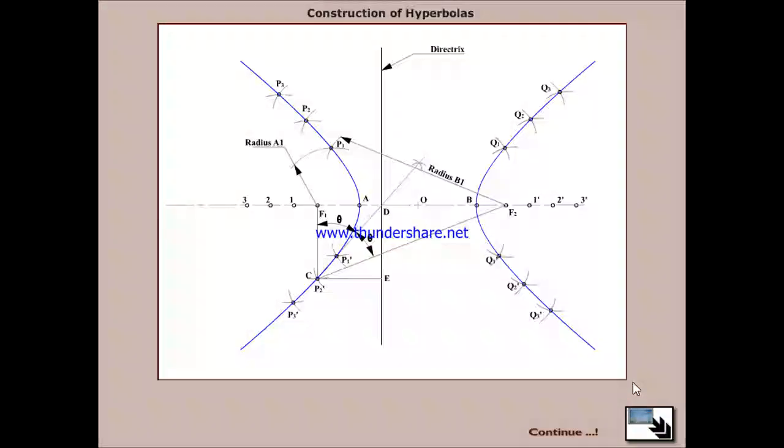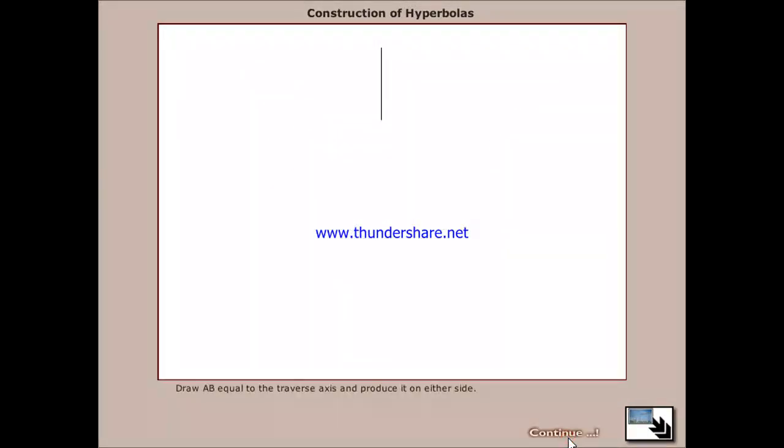Now let us observe how we will construct a hyperbola. Draw AB equal to the transverse axis and produce it on either side.